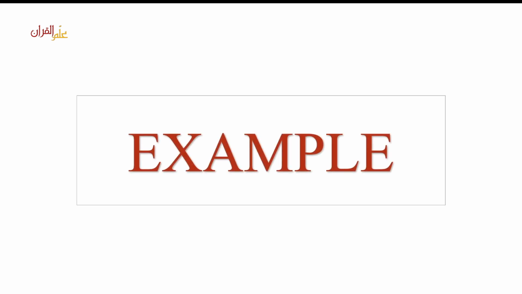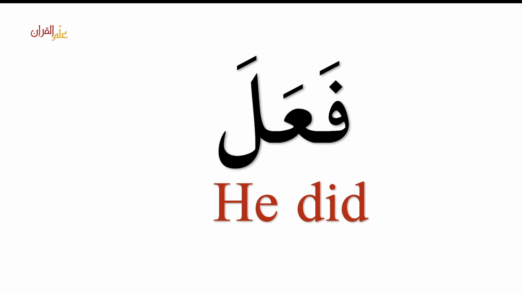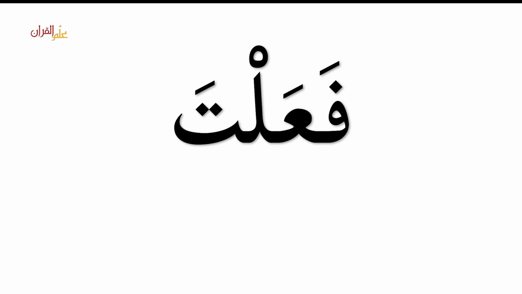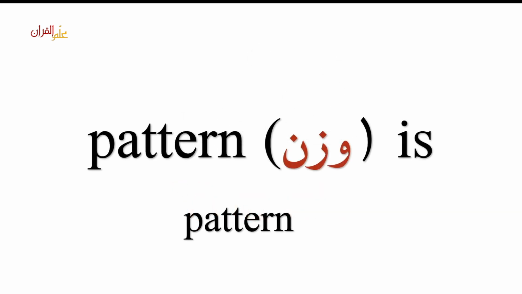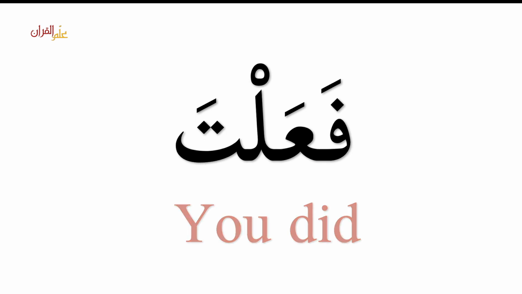For example, fa'ala, he did. So the pattern is fa'ala, there's "he" in it. So in this lesson we will be learning fa'alta. Fa'alta, you did. So the pattern is fa'alta, meaning you did.